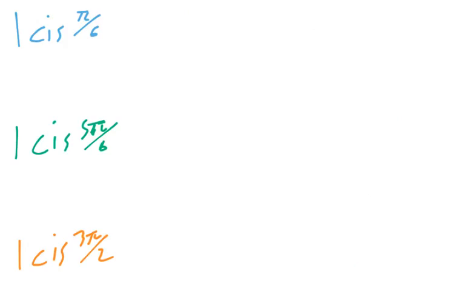So let's go ahead and take these three answers and get them back to rectangular form. Pi over 6 is in the first quadrant. Hopefully you recognize pi over 6 as a 30-degree angle, and of course we know this is 1. The way to get the real and imaginary values is simply to use our sine and cosine.